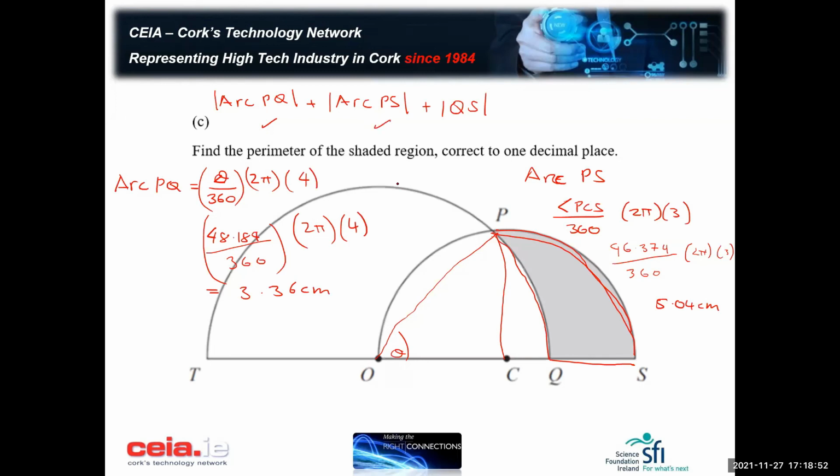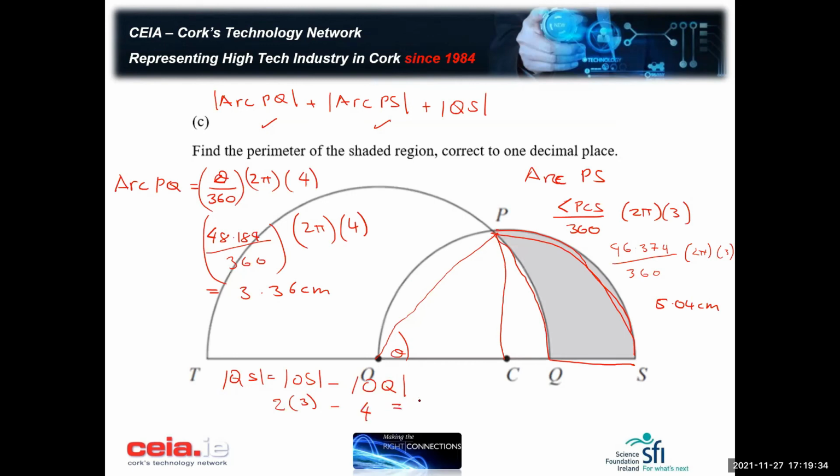So then QS, it's the very last thing. The length of QS, that is OS, the diameter of the smaller semicircle, minus OQ. So OS is twice the radius of the smaller semicircle less OQ, which is the radius of the larger semicircle.